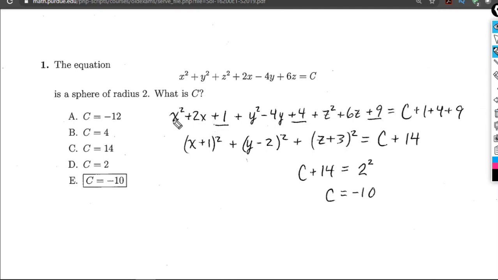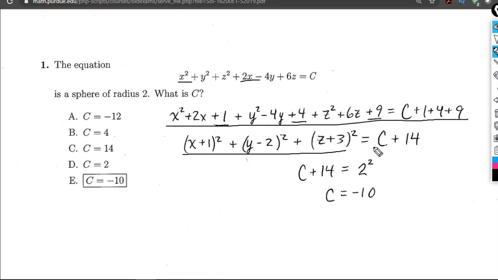As we can see from the solution, first it combined the x terms and completed the square with +1 and +1 on the other side, and did the same thing for y and z here, so +4 and +9. Then simplifying, we get that the sphere is located around (-1, 2, -3).